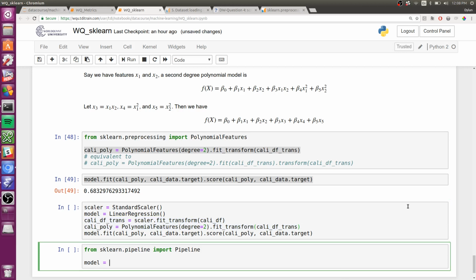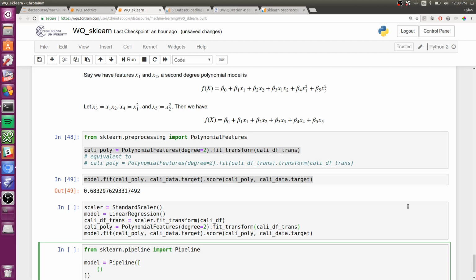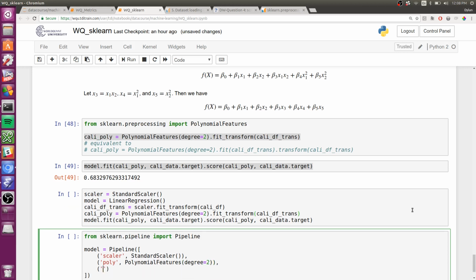So instead, what I'll call my model is a pipeline that contains a scaler, a polynomial feature generator, or transformer, and finally, the linear estimator.